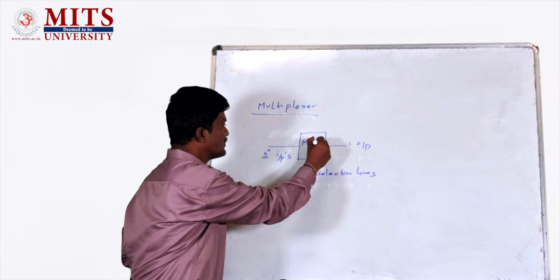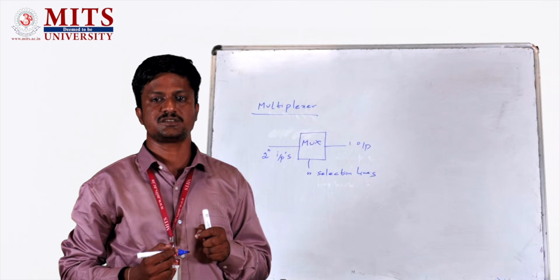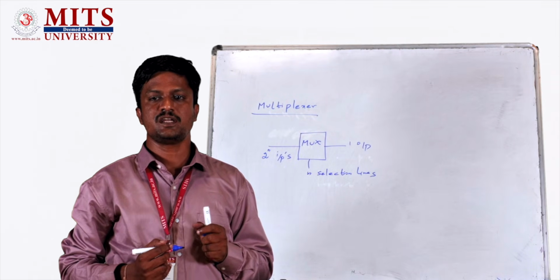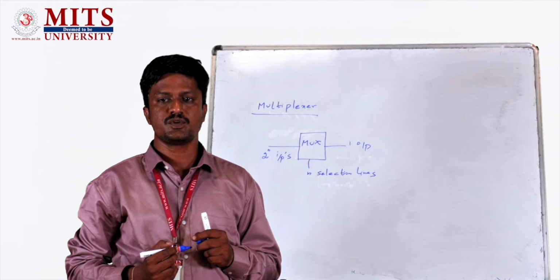In short form, I represent it as MUX. In general, any size of multiplexer consists of 2 power n inputs, one output, and n number of selection lines.